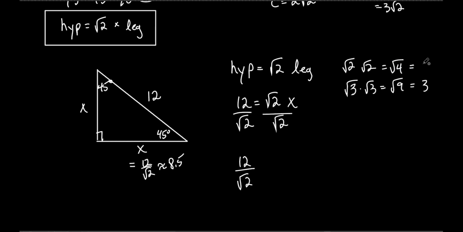What's the square root of 4? It's 2. Let's pick a relatively small number, but a little bit bigger than what we have here. Let me pick. 6. I like 6. Okay, square root of 6 times square root of 6. What's that? Square root of 36. What's the square root of 36? It's 6, isn't it? Okay.